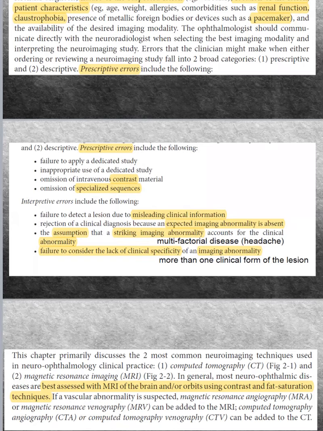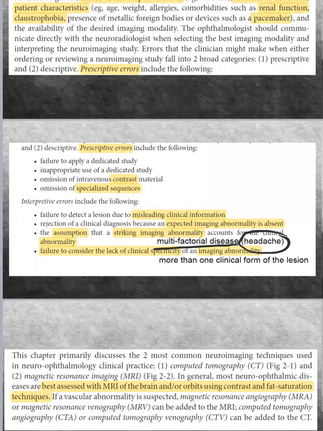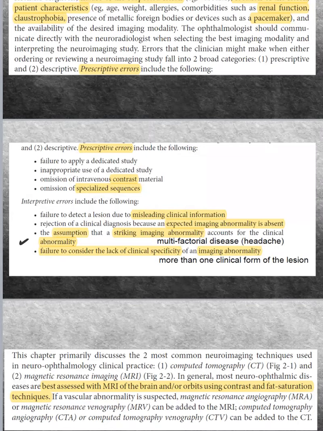I may have multifactorial diseases like headache, and if you see an MRI with some striking lesion, you may attribute this to the headache, but the headache may be due to hypertension, which is another factor. So this is not that accurate an example, but I guess it works. Did you get this? The assumption that a striking imaging abnormality accounts for the clinical abnormality.